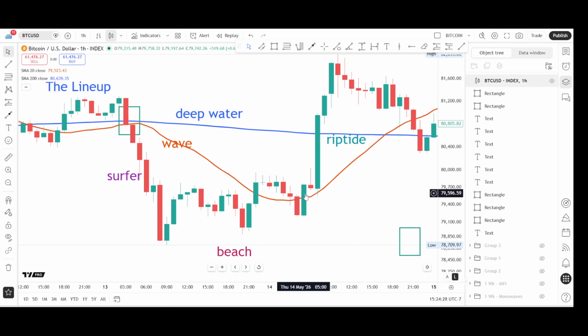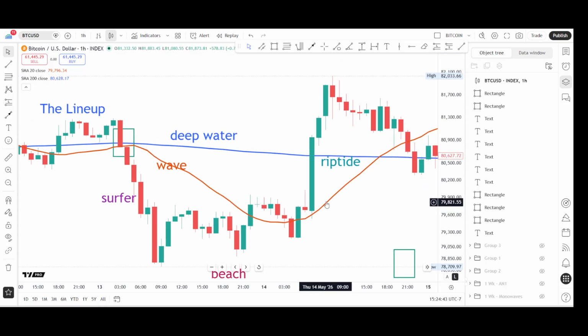You could have probably technically gotten in here, but to be really strict, we came back into the 20, it retested and slam. Now, this is your riptide. I don't want to get into the intricacies of trading this particular candle and whether or not you could have even gotten in this trade or whatever. But this is your riptide going back.